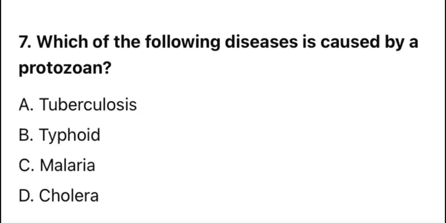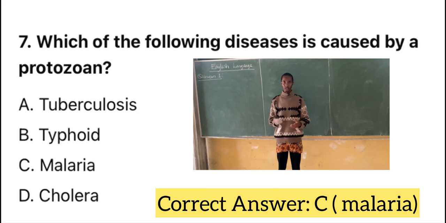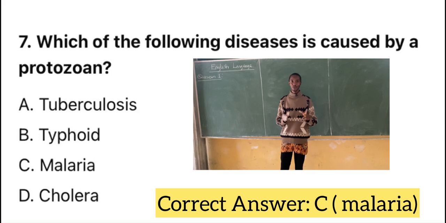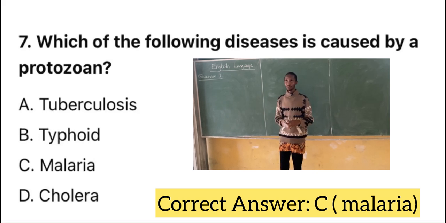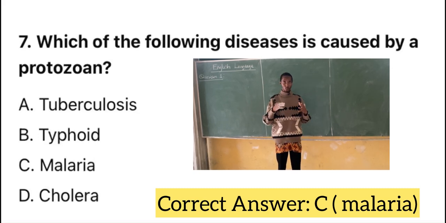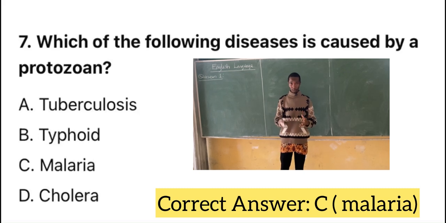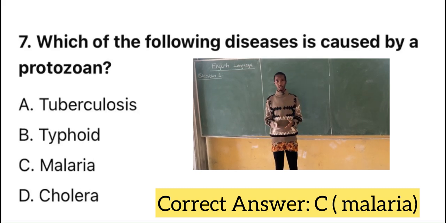The correct answer is malaria, option C, because malaria is caused by the protozoan Plasmodium and is transmitted by the female Anopheles mosquito.